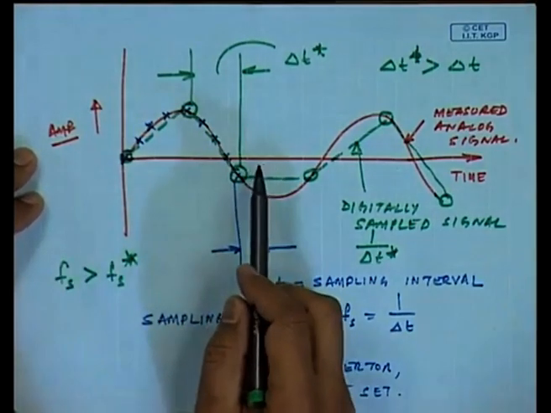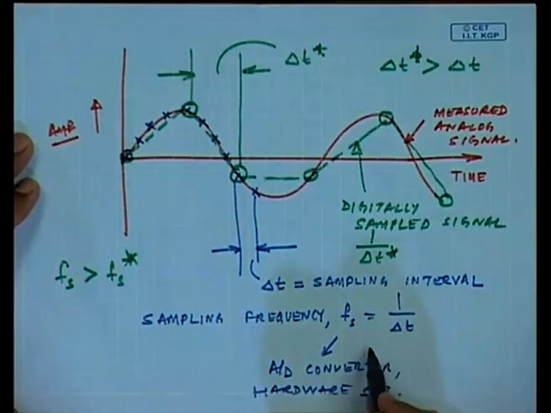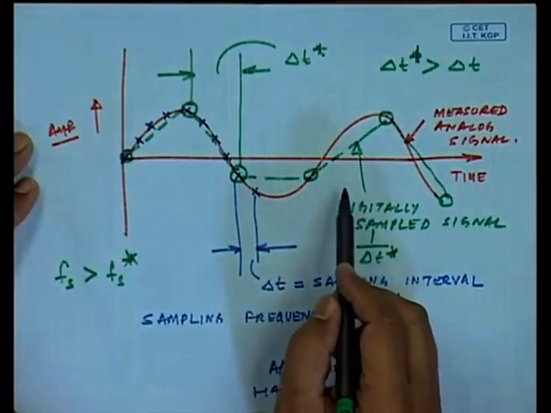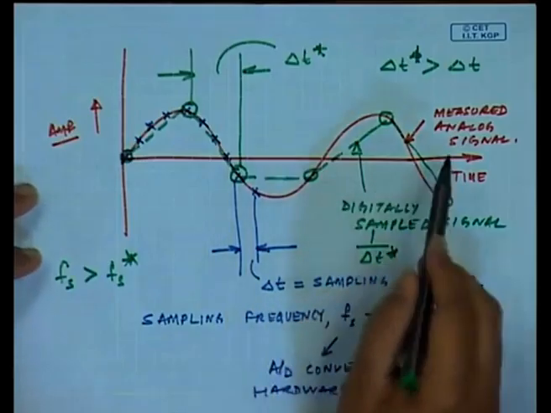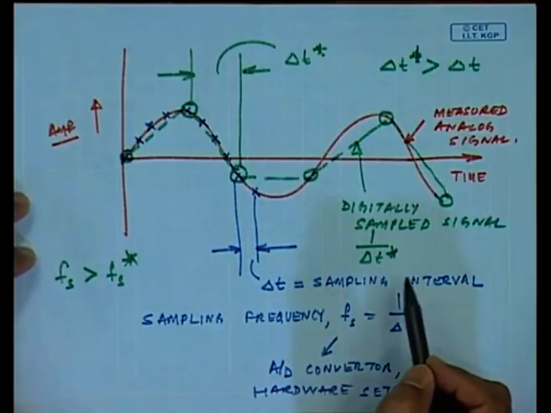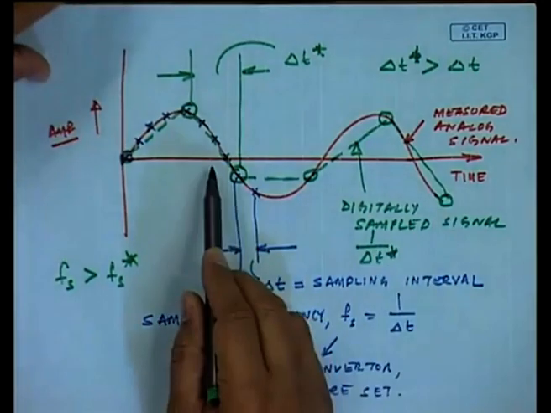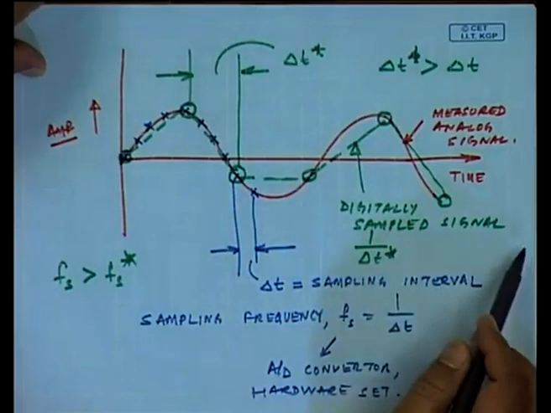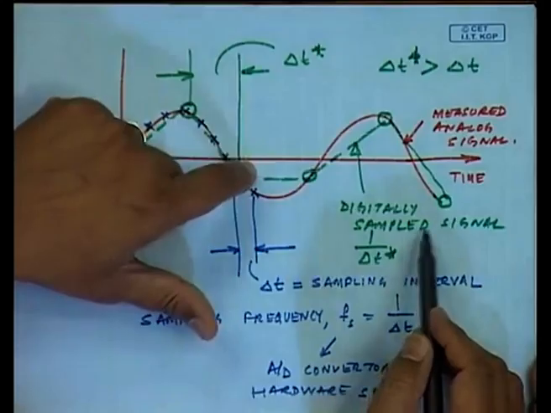So you see here that obviously this sampling interval or sampling frequency plays a role in the representation of the actual measured analog signal. If my sampling frequency is less, I have a distorted green signal. If my computer tries to understand the red signal as the green signal, I have a problem.